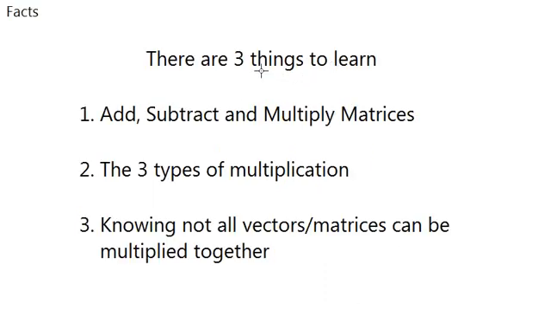There are three things that you need to know about matrices. You need to know how to add, subtract, and multiply matrices. That sounds a bit difficult because you don't know what matrices are yet, and I'm going to talk about that later. The second is that there are four types of multiplication to learn, so I'm going to talk through them.